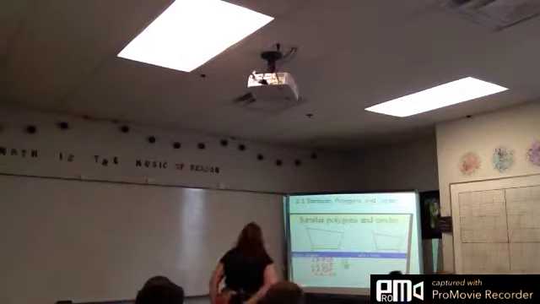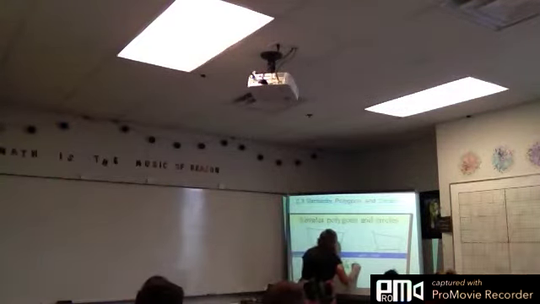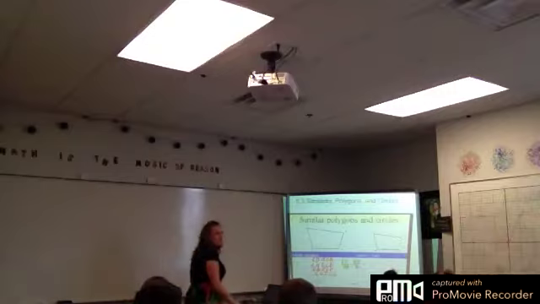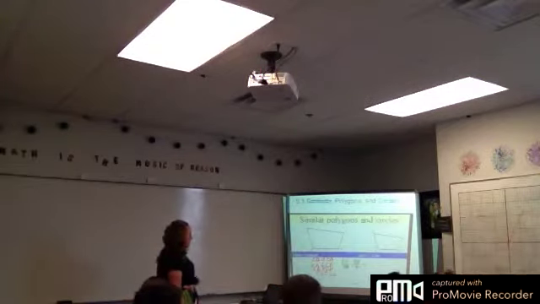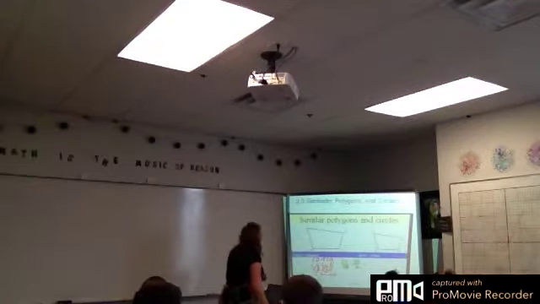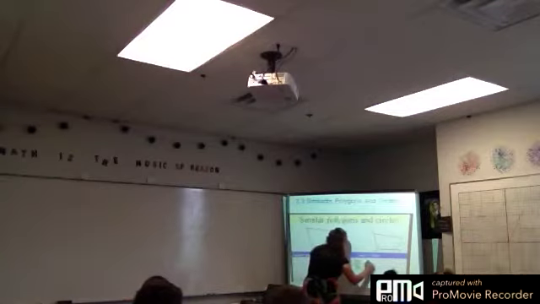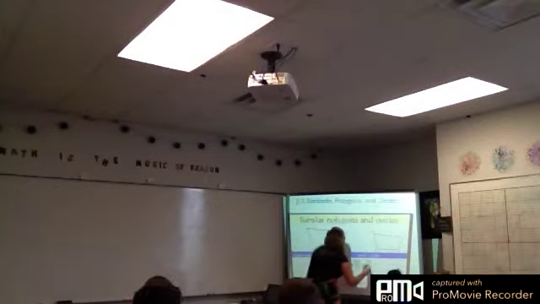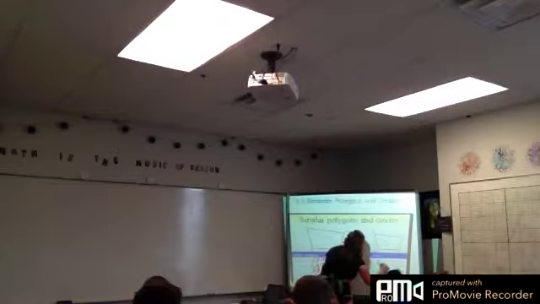HG over DC, what else? What else would all those be equal to? FG over BC. And the last one would be what? EH over AD.